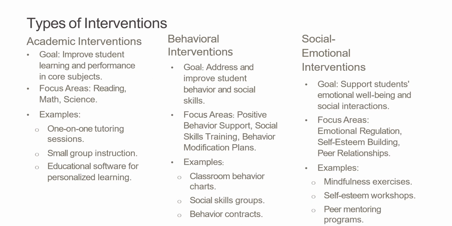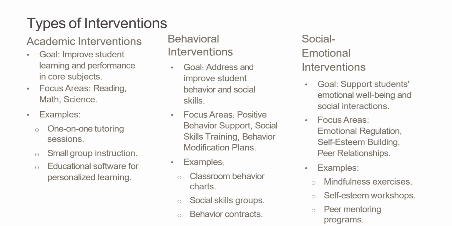Academic interventions focus on reading, math, science, and other subjects, and include examples such as one-on-one tutoring sessions, small group instruction, and educational software for personalized learning. Behavioral interventions foster positive behavior support, training, and behavior modification plans with practical examples like classroom behavior charts, social skills groups, and behavior contracts.